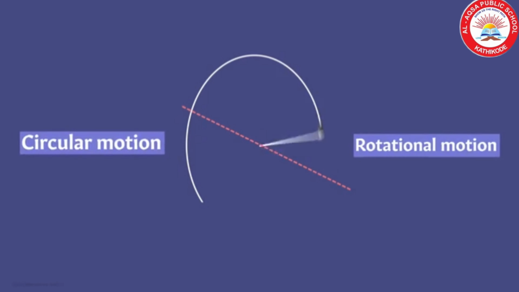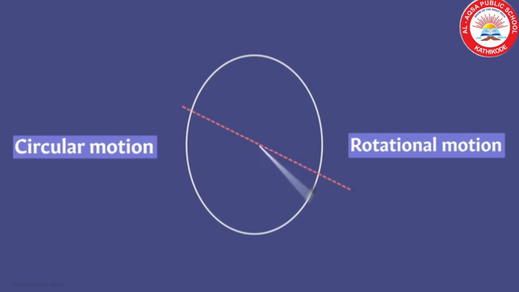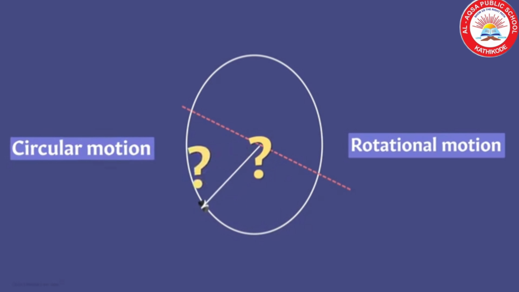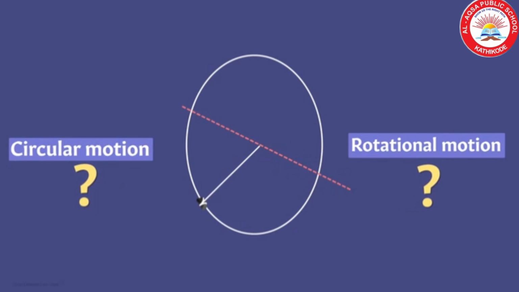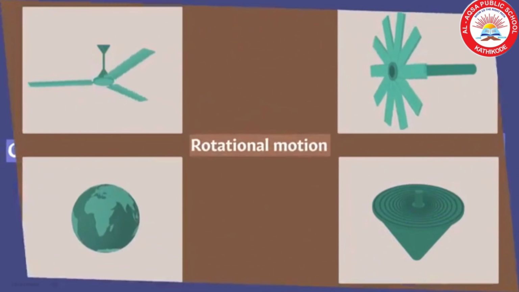When we are rotating it, we know that there is one axis because we are keeping it on our hand, but the axis is not through that object, so it is circular motion. It is not rotational motion.